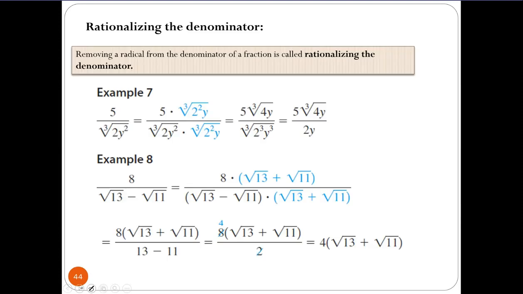If we have, for example, 2 over radical 3x, to rationalize here we need to multiply with the conjugate. What's the meaning of conjugate? If we have square roots, we multiply the denominator by itself, radical 3x, and the numerator by radical 3x too.